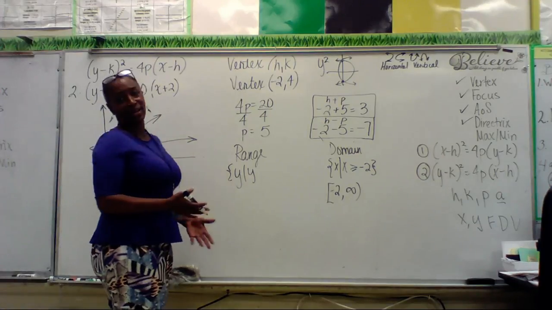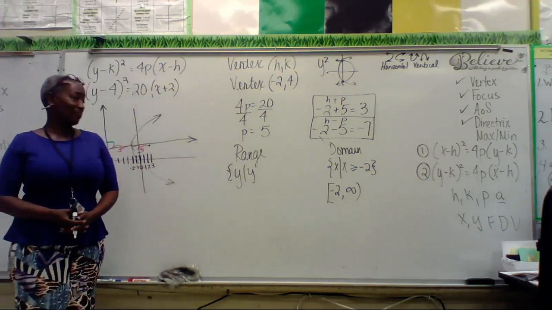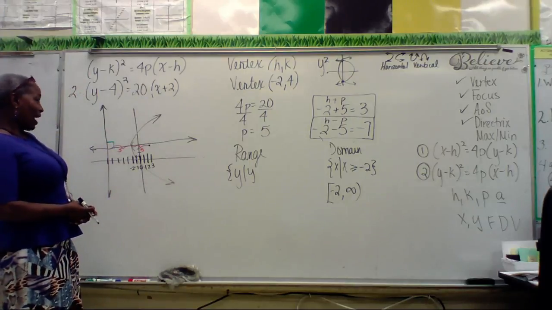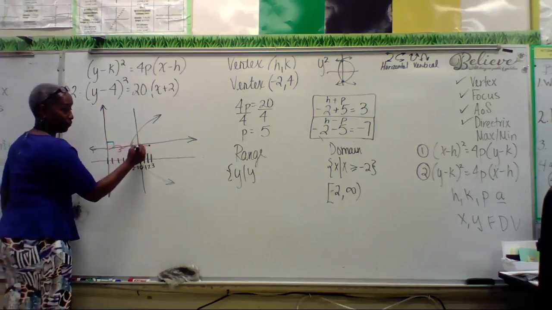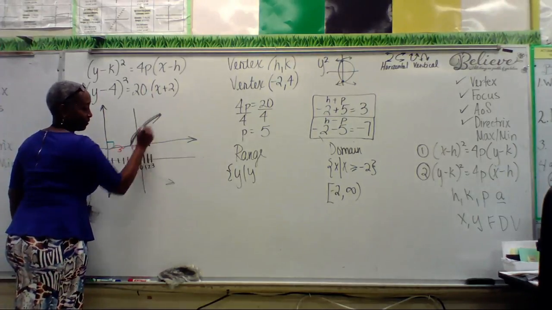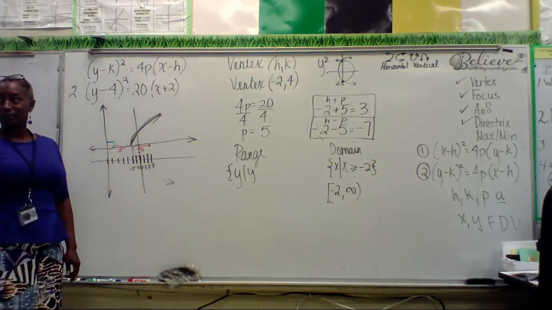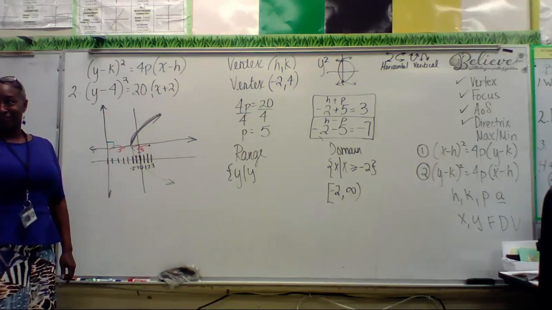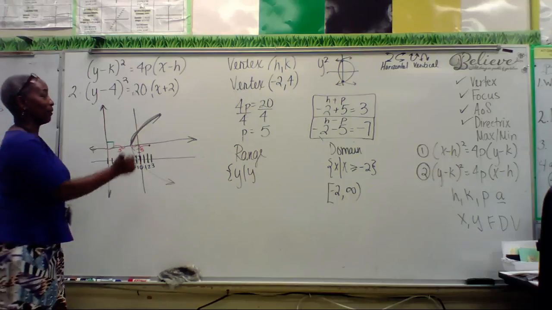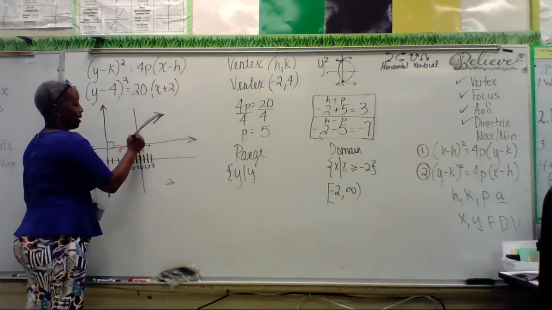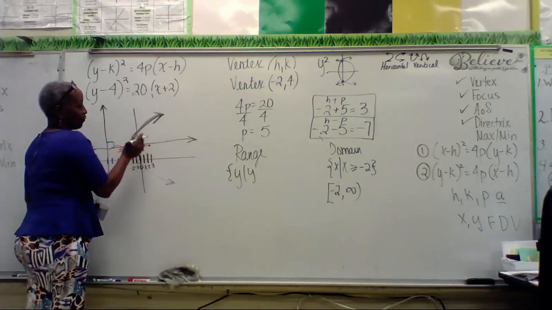Tell me what it's going to be greater than or equal to. 4. Okay, this graph will be greater than or equal to 4. There's also a part down here. It's going to be greater than or equal to 4 for sure. I just highlighted that with this black marker. This graph will touch Y values 4 and above.